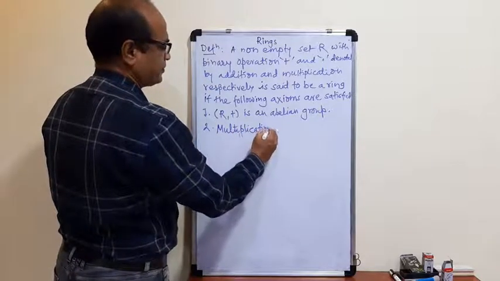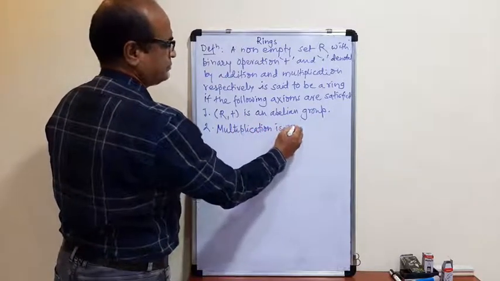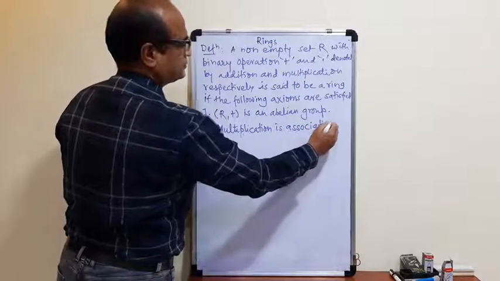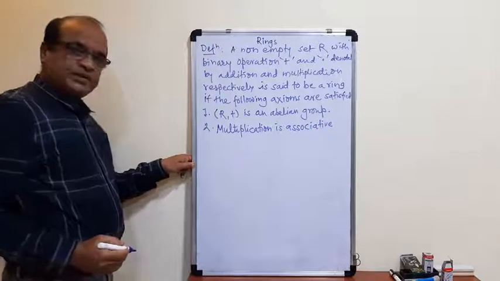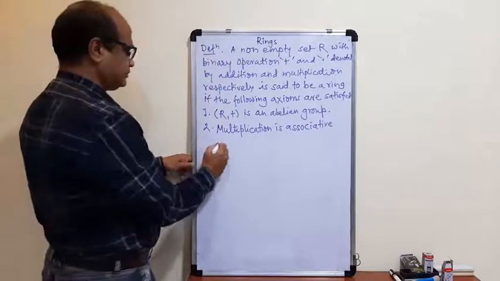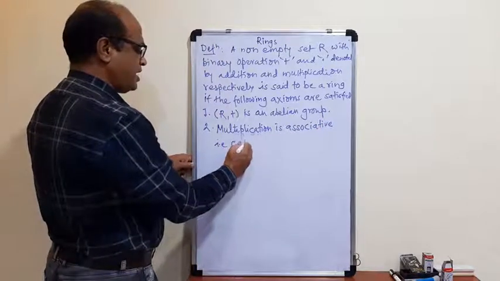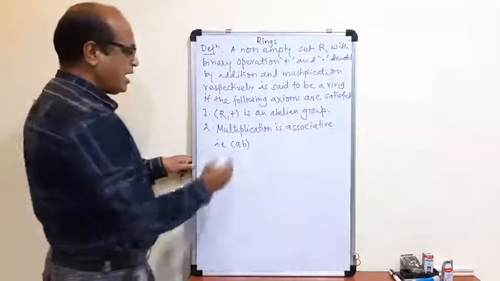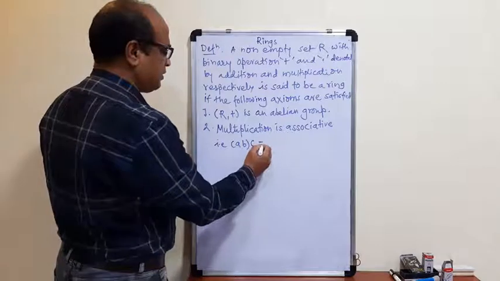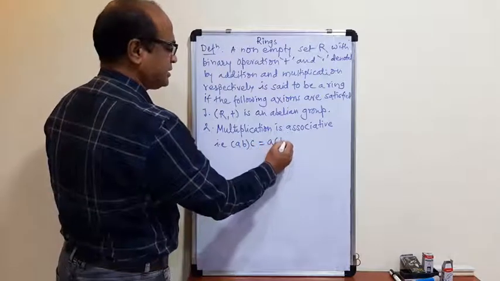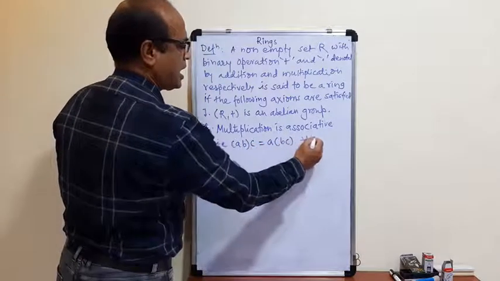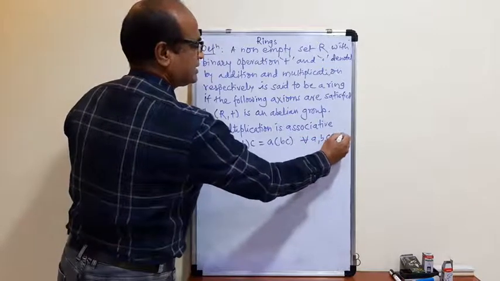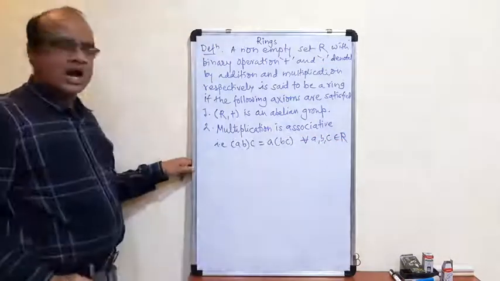That is, for multiplication, (A into B) into C is equal to A into (B C), for all A, B, C that are elements of the non-empty set R.